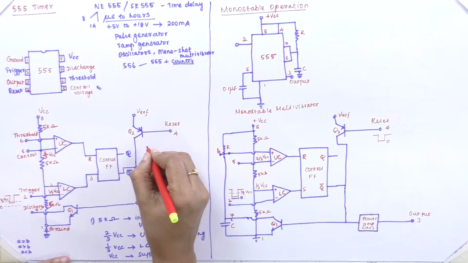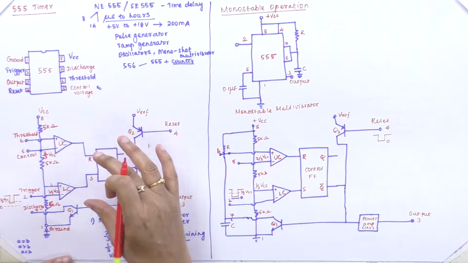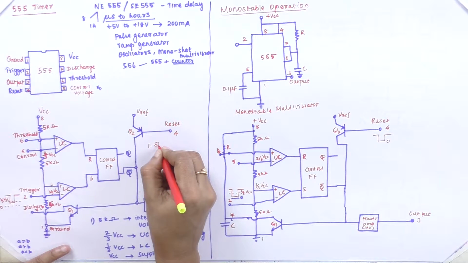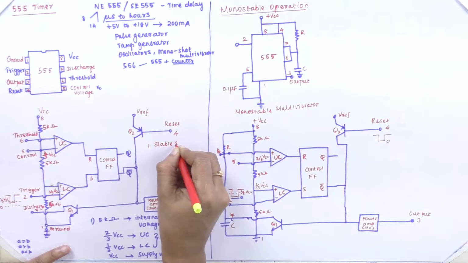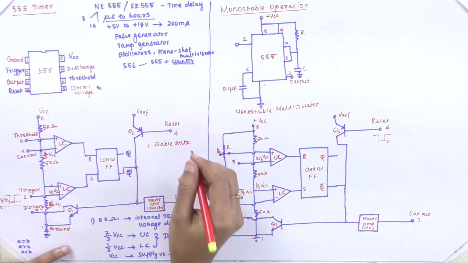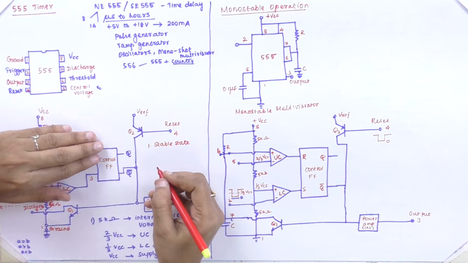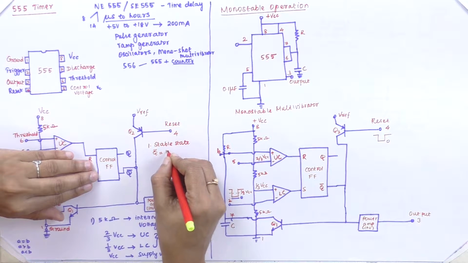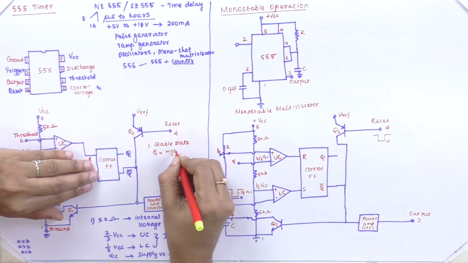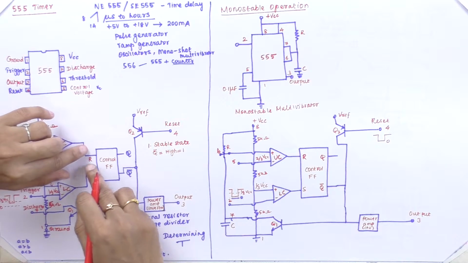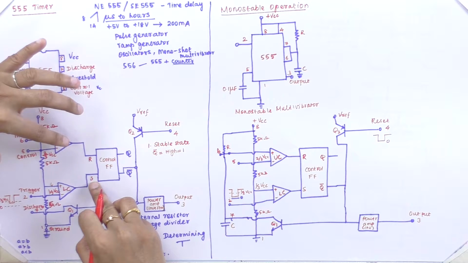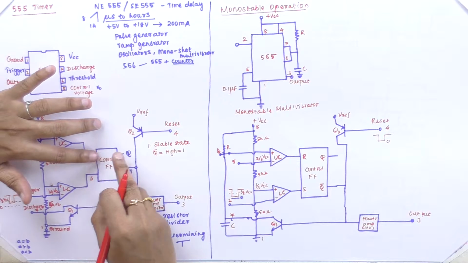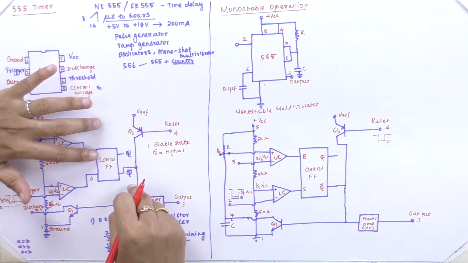These are the terminals in the 555 timer used in the functional diagram I have explained. Based on this, the first concept is the standby mode, the steady state or stable state. In that stable state condition, we have the flip-flop, and Q bar will be in the high condition, so the Q bar value will be 1. Whenever R equals 1, Q will be 0 and Q bar will be 1.